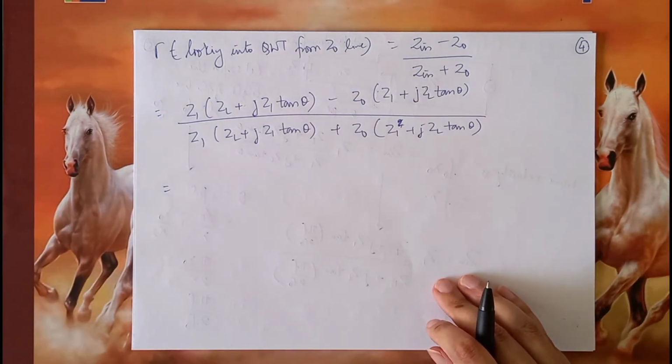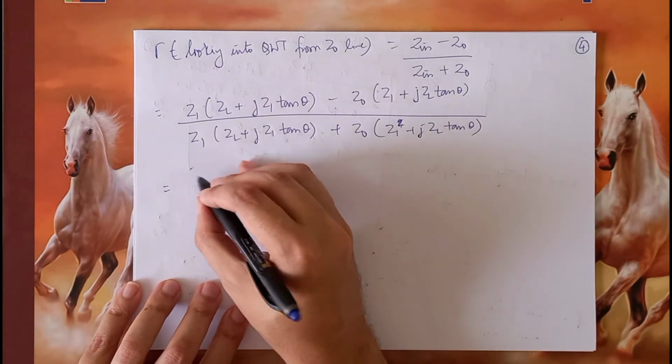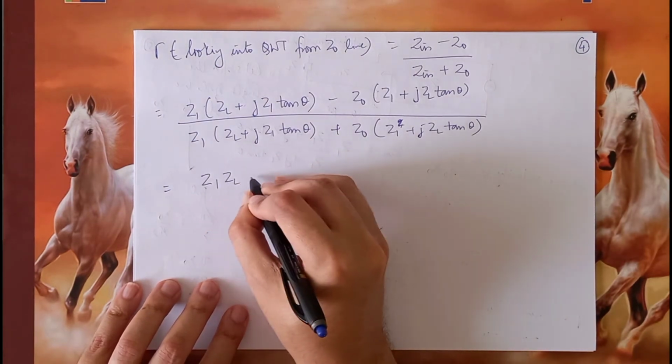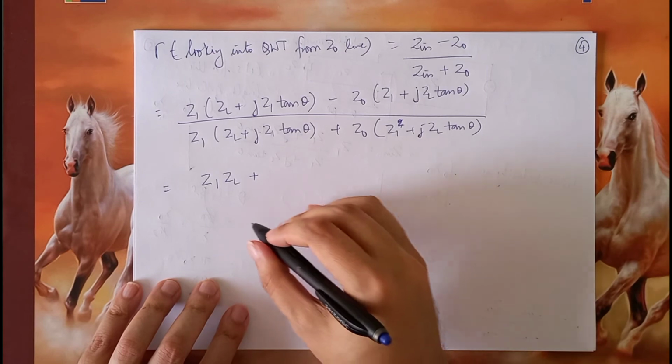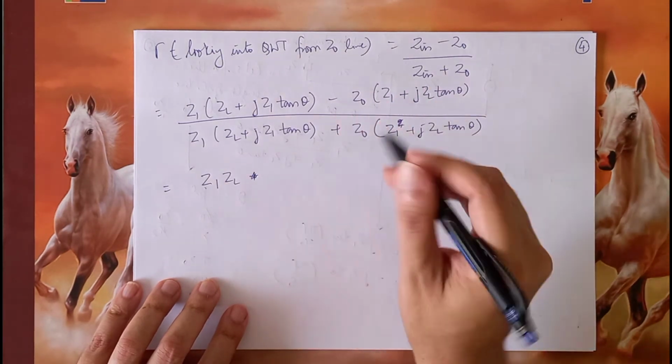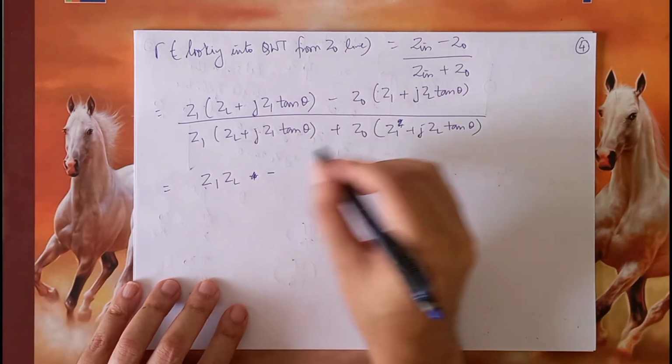So now if we open the brackets, let us group the real terms first: Z1 ZL minus Z0 Z1.